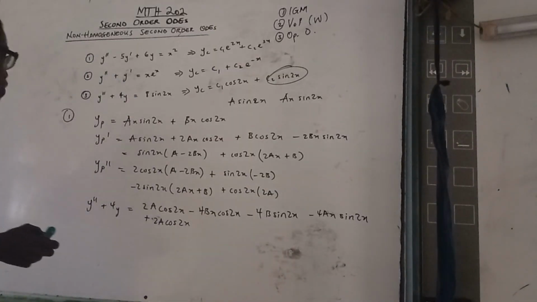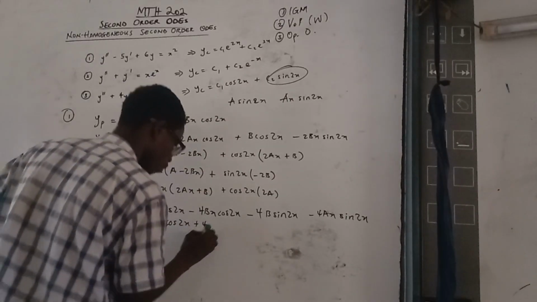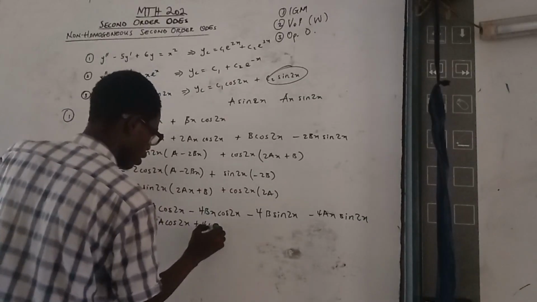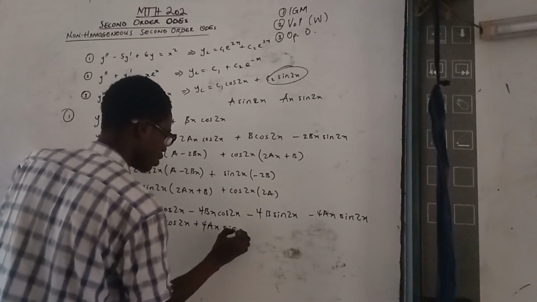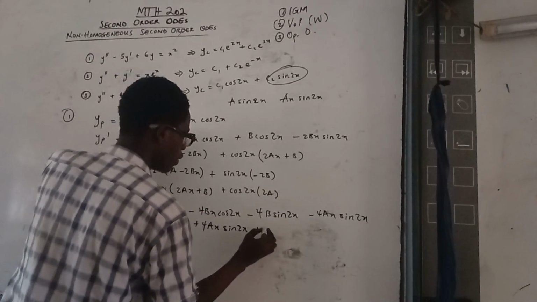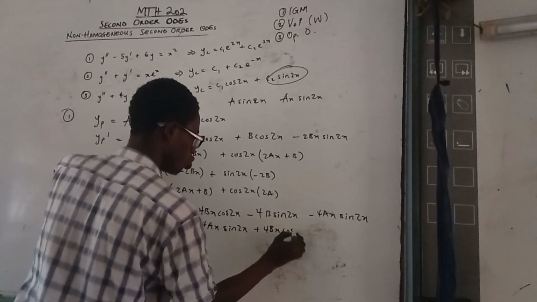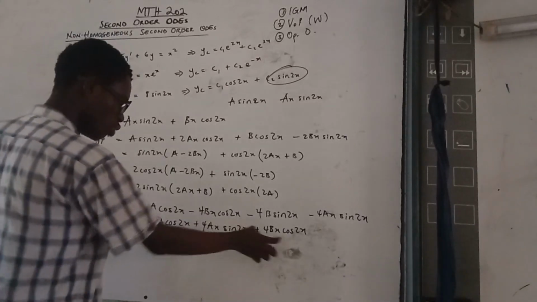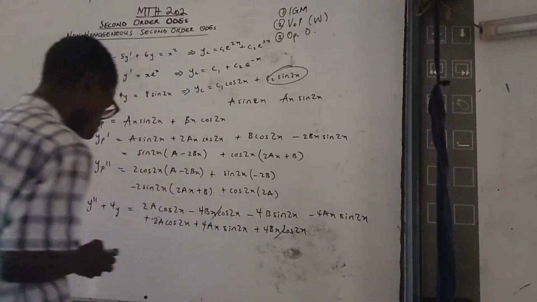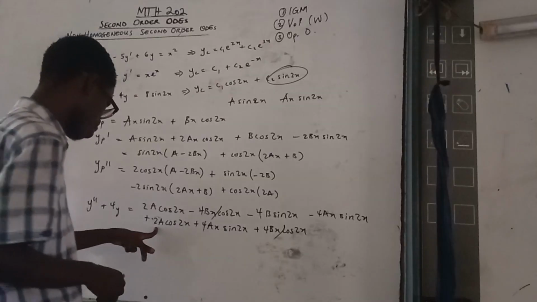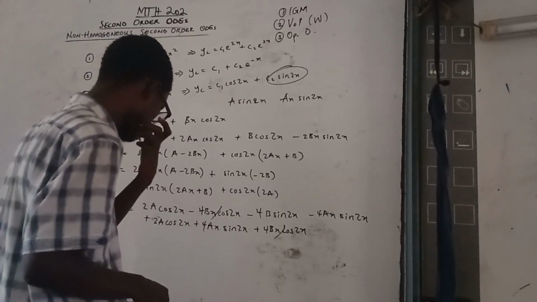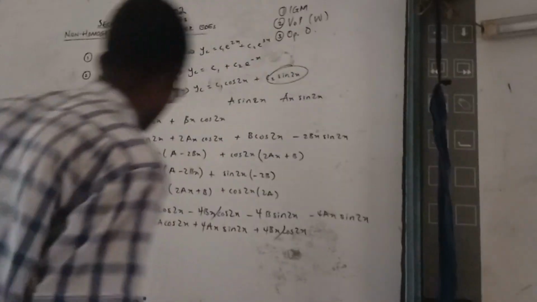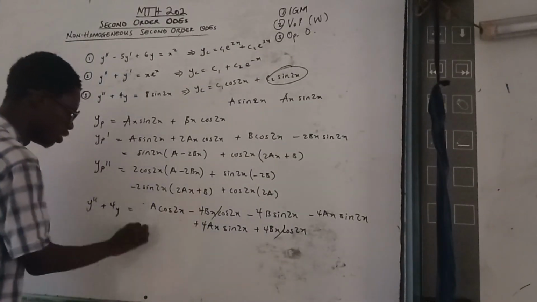Now we are going to add 4y to it, plus 4y. What's our y? Our y is 4ax sin 2x plus 4bx cos 2x. So this cancels out. 2a cos 2x, this 2a cos 2x, this 2a cos 2x, so I can incorporate it into this part.